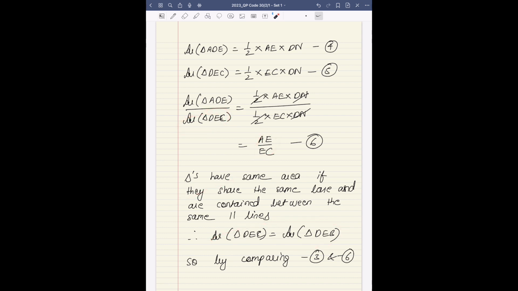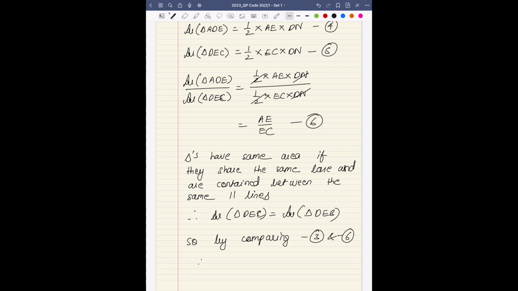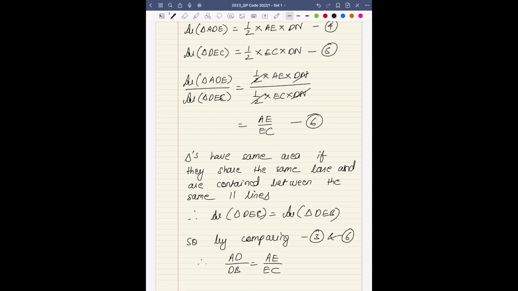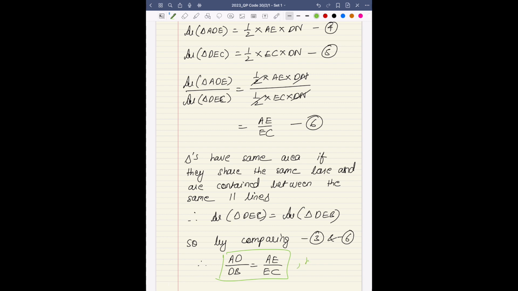Hence, your right hand side will be equal. Hence, AD upon DB is equal to AE upon EC. That's your proof. It's very important. It may come again. You never know. So we'll write hence proved. Why? Because it's a prove that question.